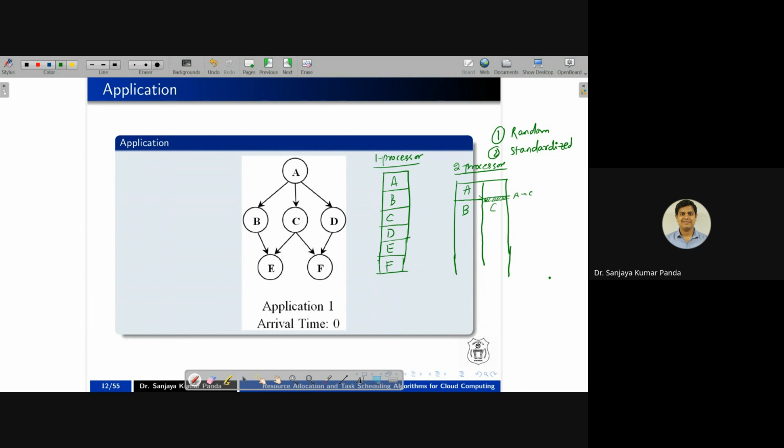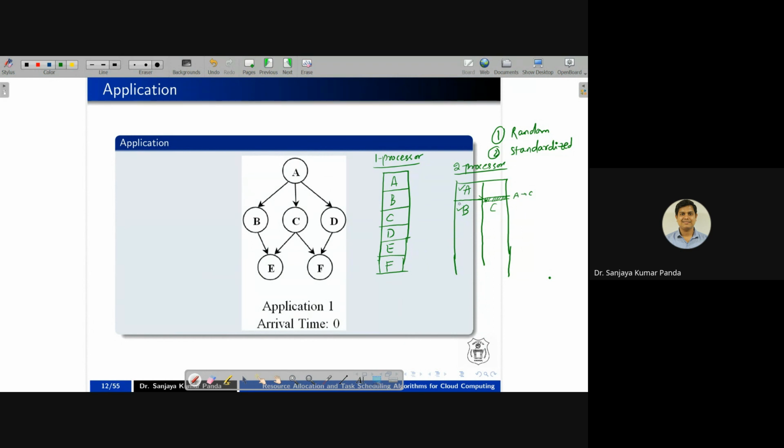Normally we consider this negligible, but this time is always there. But why am I not considering any communication time here? Because both parent and child are assigned to the same processor. As A is executed on processor 1, its result is already there with processor 1.